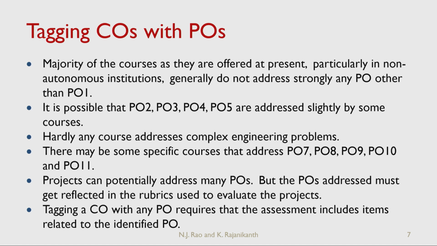We must also show that that particular aspect is also assessed. Thus, tagging a CO with any PO requires that both instruction and assessment include items related to that identified PO. So, the mapping has to be done with certain care to ensure that the mapping can be justified.